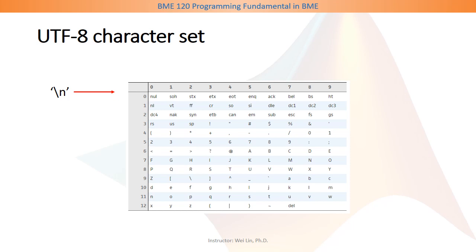Then it will be easy to know that the code for character 1 will be 49, because they are all in sequence. Similarly, if you know the code for capitalized A is 65, then it will be easy to know that the code for capitalized B is 66. And another code that I suggest you memorize is small a, which is 97.